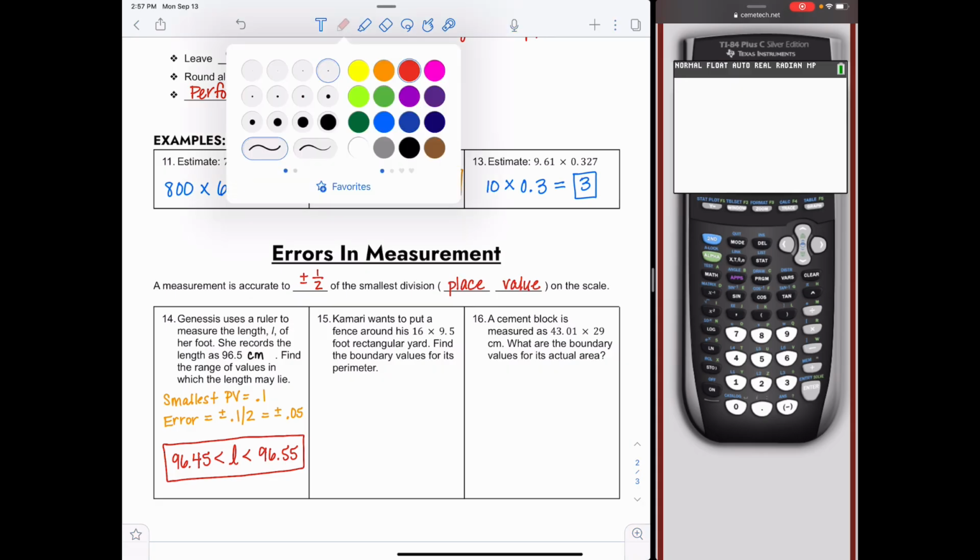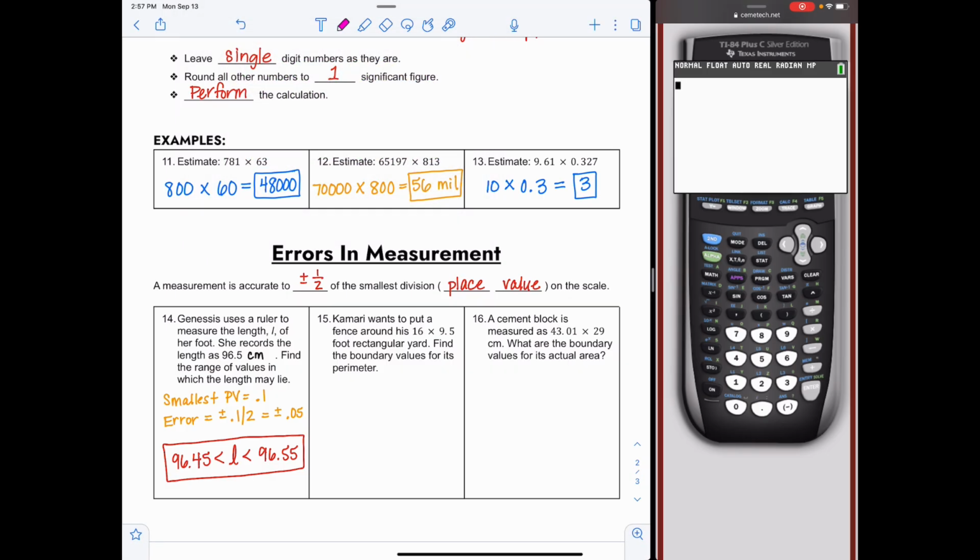So we have to make sure that we pay attention to the place values. So if we look at 16, the smallest place value here is going to be the ones position.